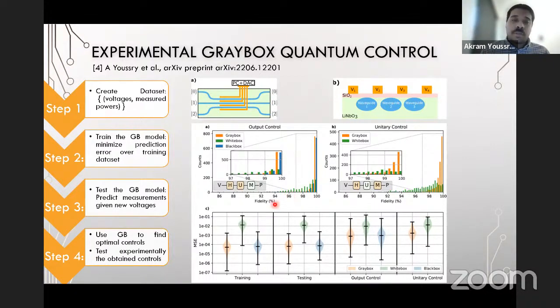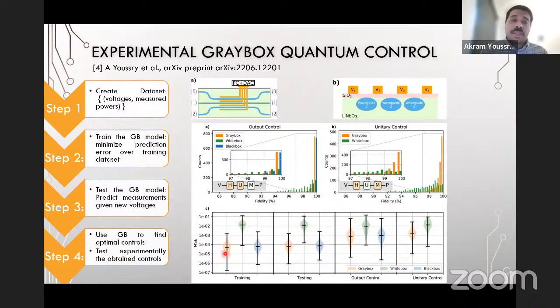quite interesting. If we look down here, this is a violin plot, so it shows you the statistics of the data set. This is the median, the maximum, the minimum, and this is the distribution. And we are comparing the three architectures: the Graybox, the white box using the equations that are common in photonics, and the black box, which is just a neural network with no physics at all.